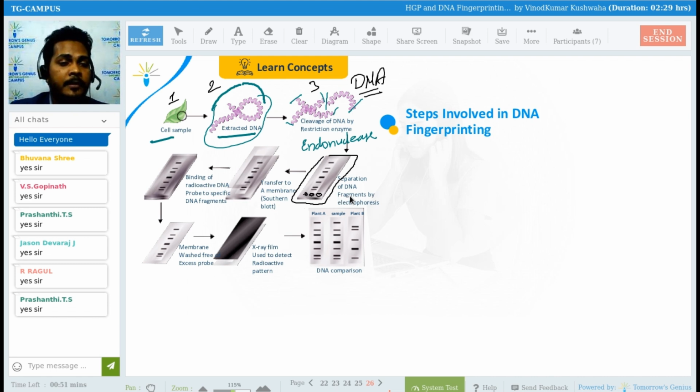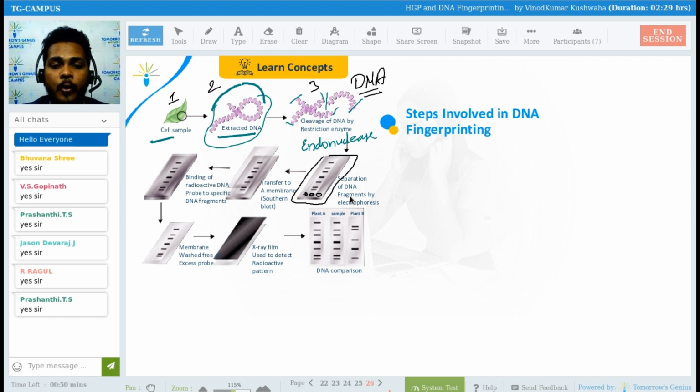So what happens after a certain time is that the DNA is going to separate according to its size. If there is a larger DNA, it stays at the base. If there is a smaller DNA, it reaches the apex. Why is it so? Because DNA with a larger molecular weight goes slowly, and those with smaller molecular weight go fast, and according to their size they are separated.